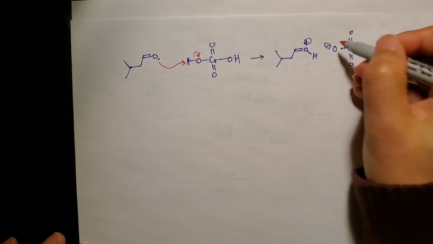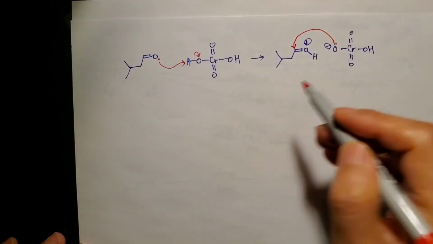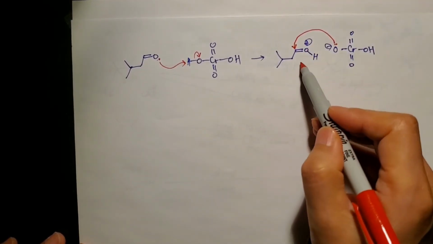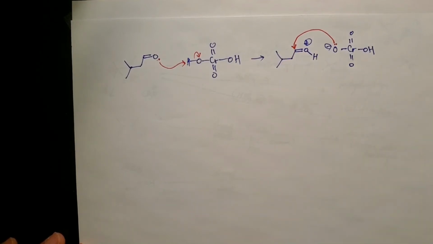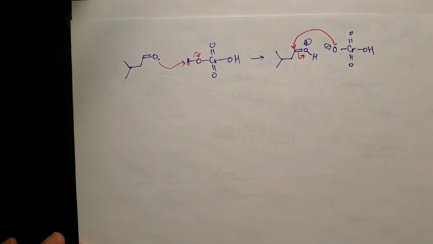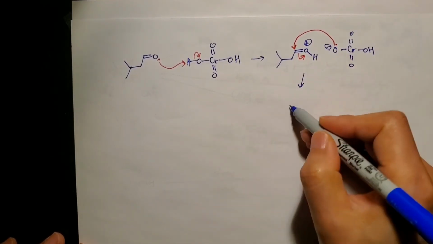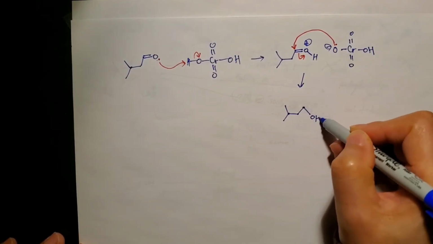Then this can, as you can see, attack there, because resonance will give oxygen neutral but carbon positive charge. So you can certainly do that. And it is still forming somewhat reasonably stable product.